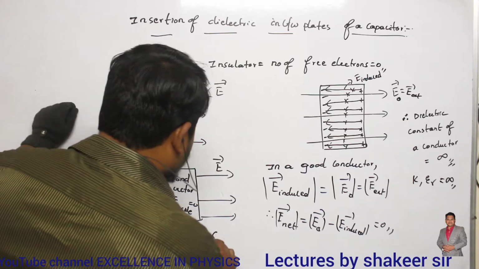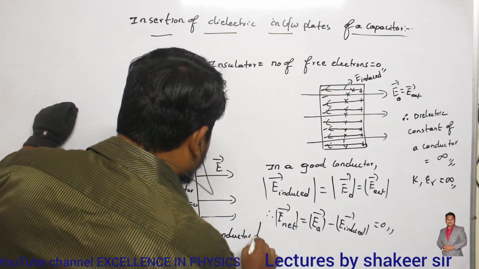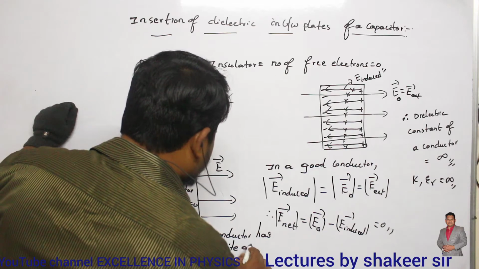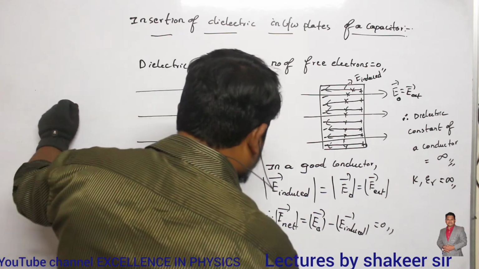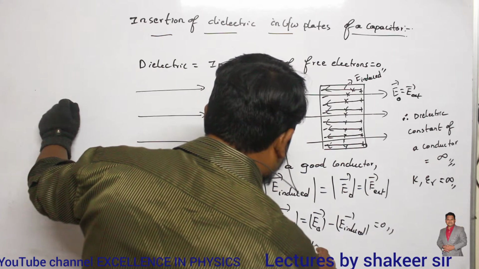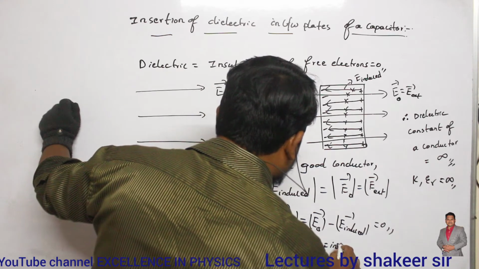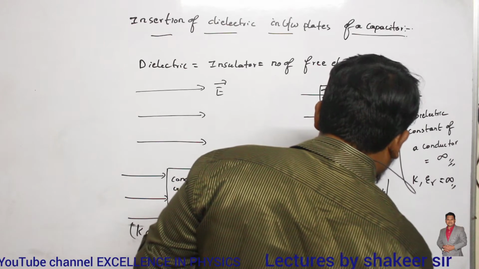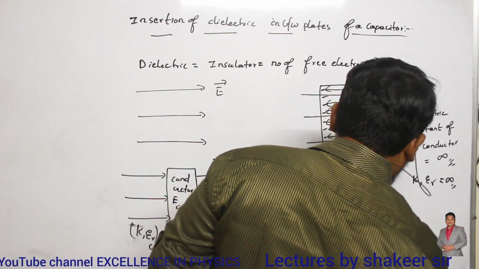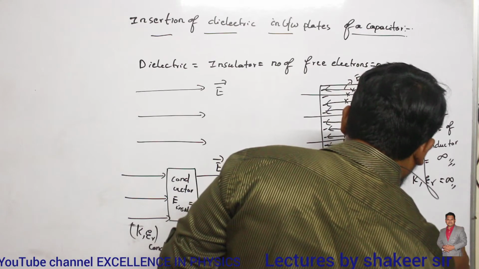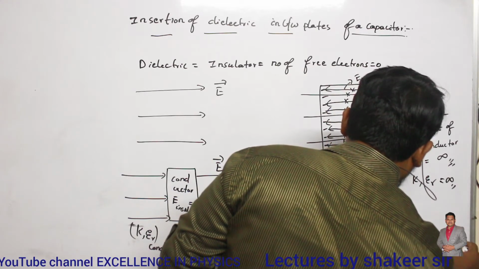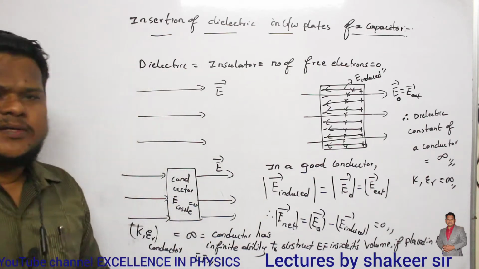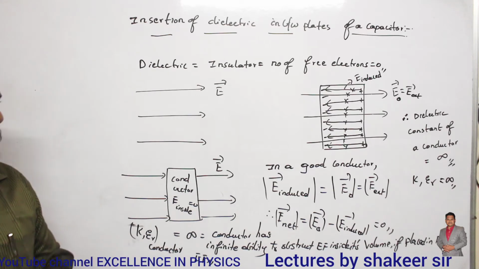It means that the conductor has infinite ability to obstruct electric field inside its volume if placed in an external electric field. So that ability we call the dielectric constant of a material. Are you able to understand?